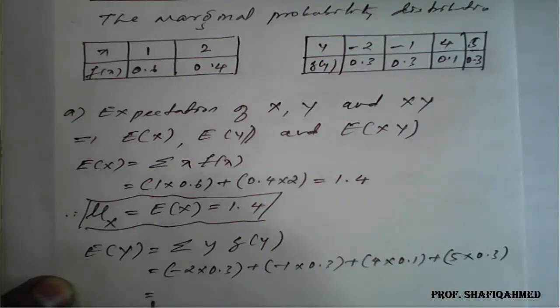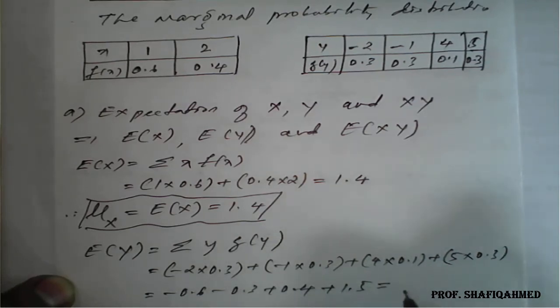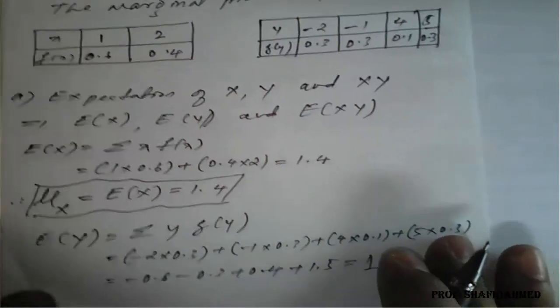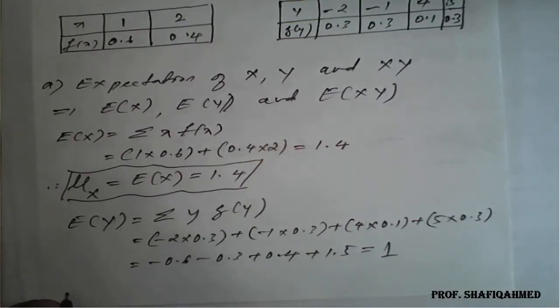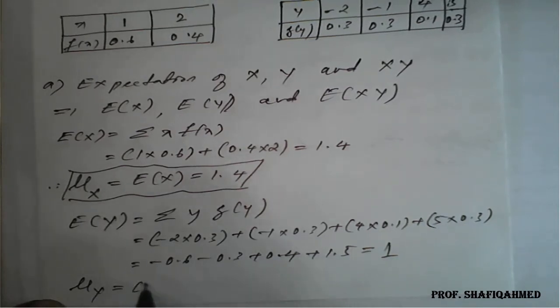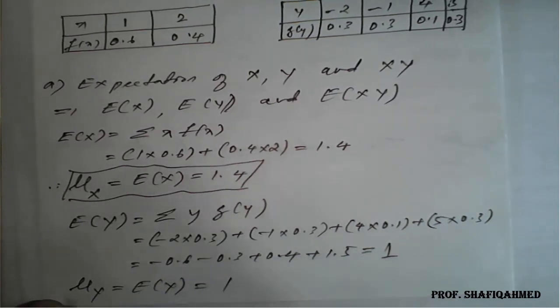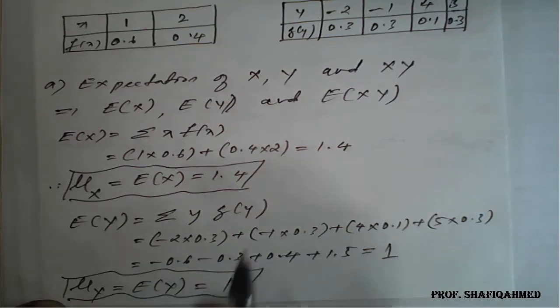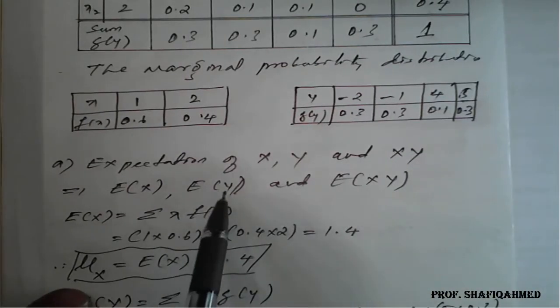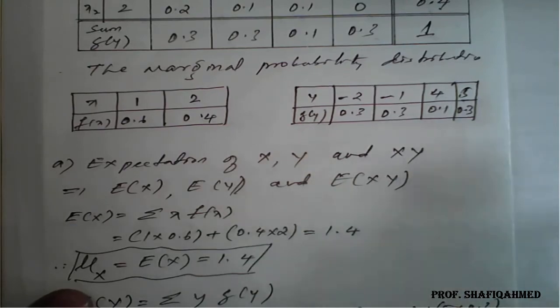On simplification, this will be minus 0.6 minus 0.3, plus 0.4 from 4 into 0.1, plus 1.5, and the result is 1. Therefore, mu y, which is also the expectation of y, is equal to 1. So we got the results for the expectation of x and the expectation of y. Now we'll see what the expectation of xy is.